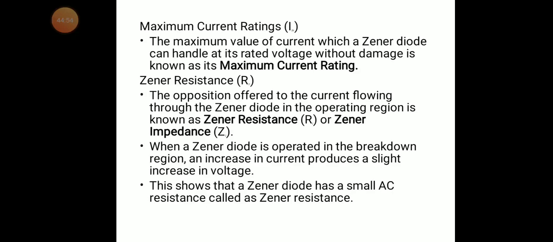When a Zener diode is operated in the breakdown region, an increase in current produces a slight increase in the voltage. As we increase the current, it produces some increase in the voltage. This shows that a Zener diode has a small AC resistance called Zener resistance or Zener impedance.